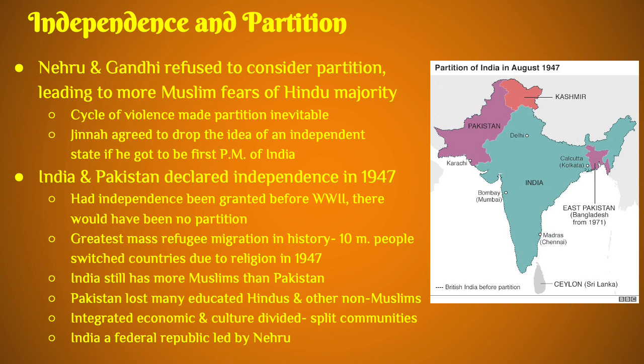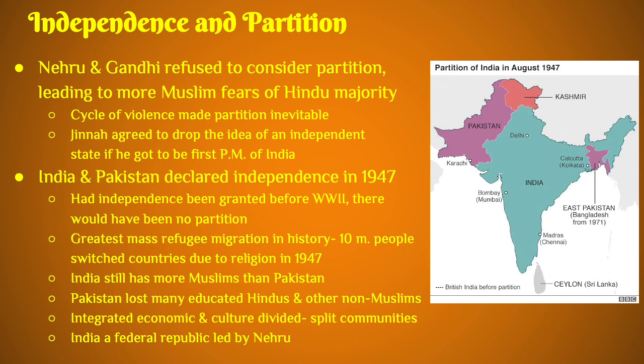So we know independence is coming. Nehru and Gandhi both refused to consider partition, which actually elevated the fears of some Muslims that the Hindu majority was going to limit their rights and independence. But the repeating cycle of violence between Hindus and Muslims made partition inevitable.